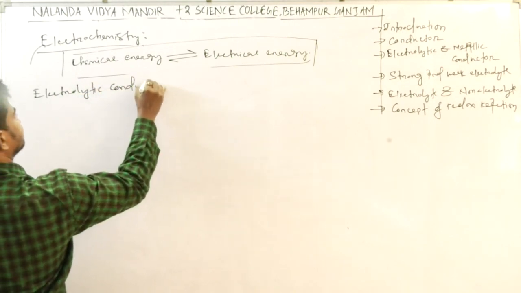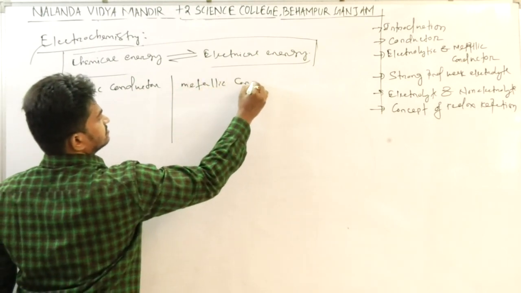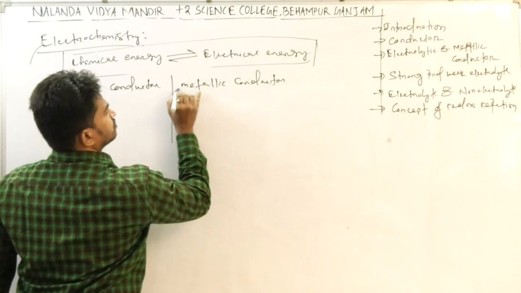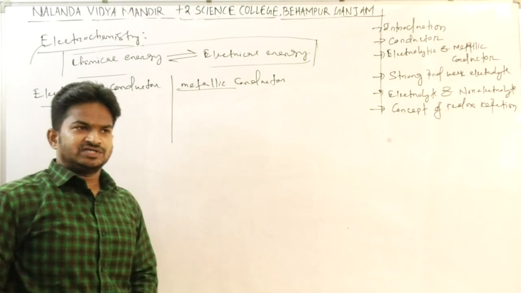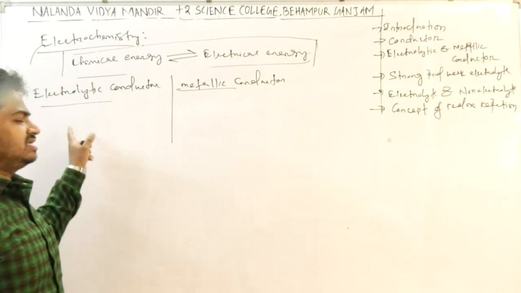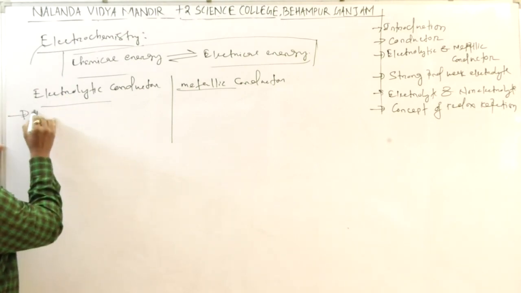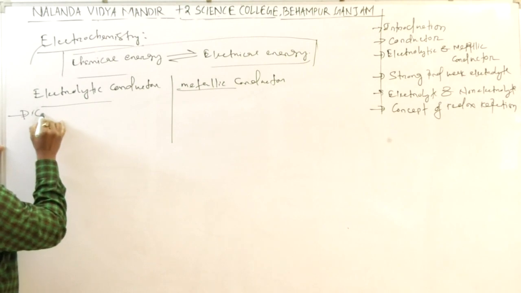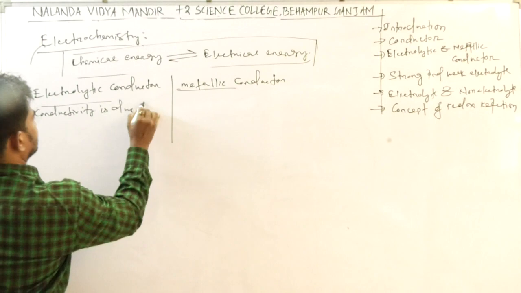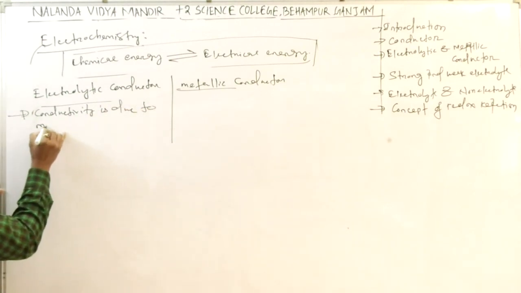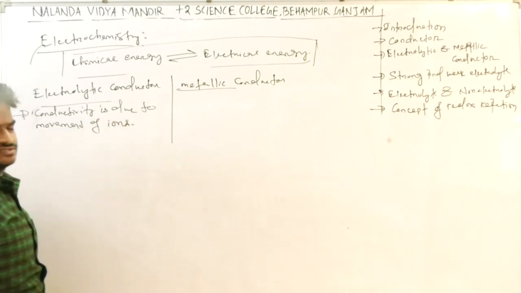Electrolytic conductor, metallic conductor. So metal and electrolyte both are showing conductivity, but the main difference between them is that in an electrolyte the conductivity is due to movement of ions.